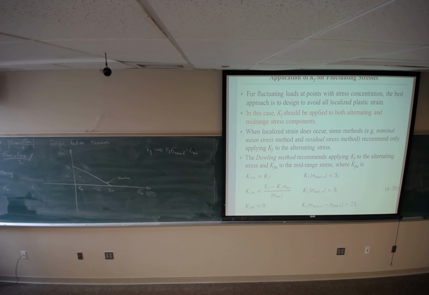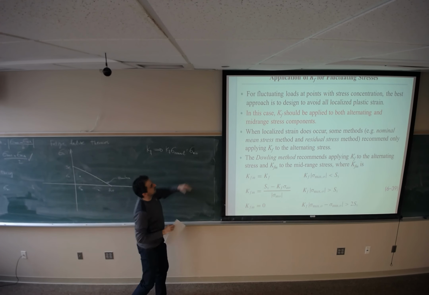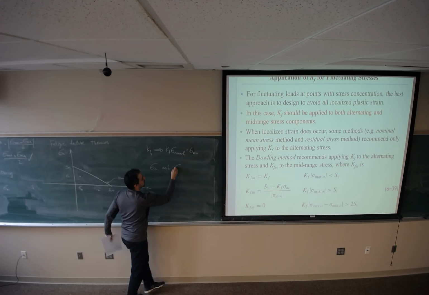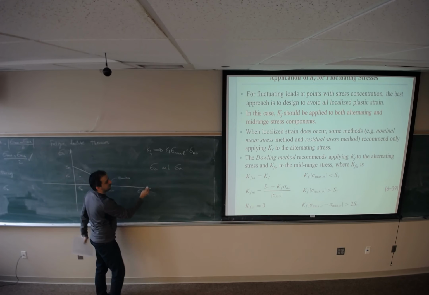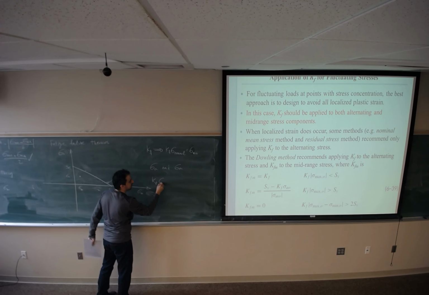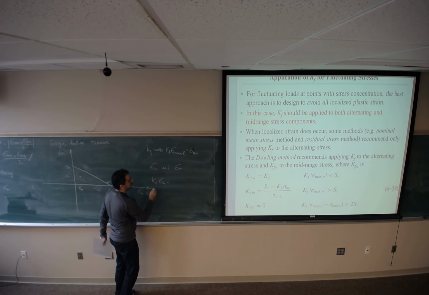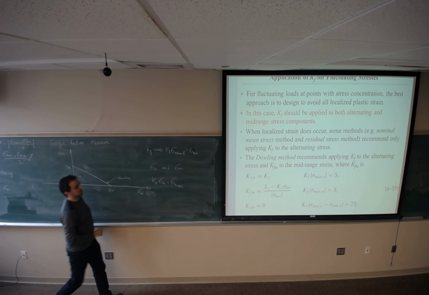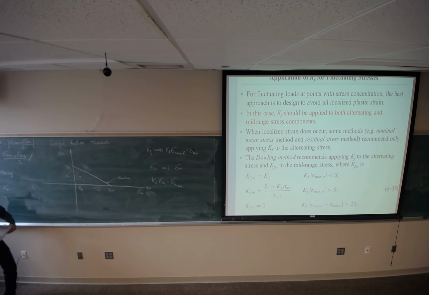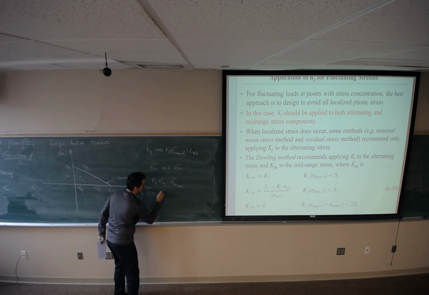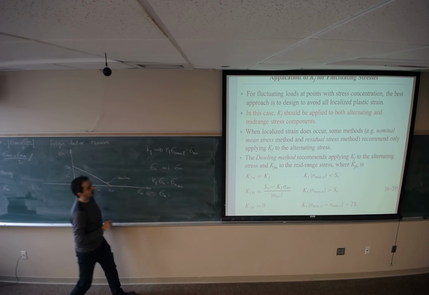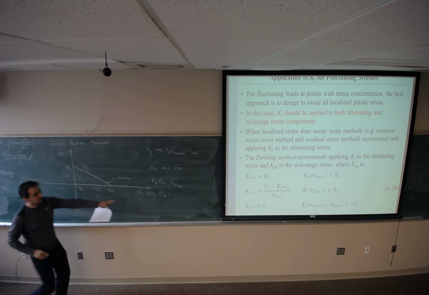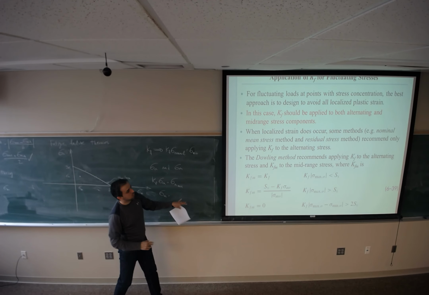But this was valid for complete reverse cycles. When we have sigma A and sigma M, you calculate Kf and multiply Kf times sigma A, and you will get sigma A max, same as before. But for sigma M, what should we do? Should we apply Kf to this one and get sigma M max, or should we do it differently?